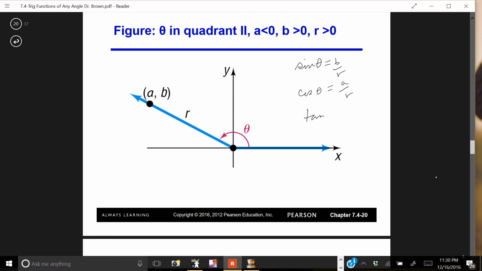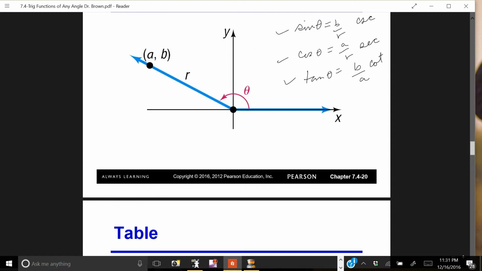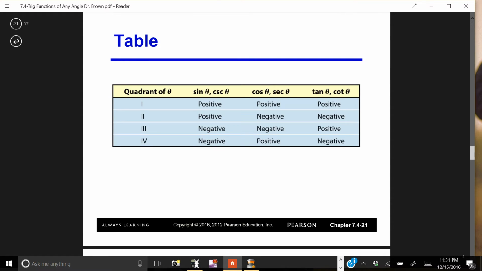Tangent of theta is equal to b over a. And then the cosecant, the secant, and the cotangent would have the same signs as the sine, cosine, and tangent. So we could look at any quadrant and figure out what the sign would be.